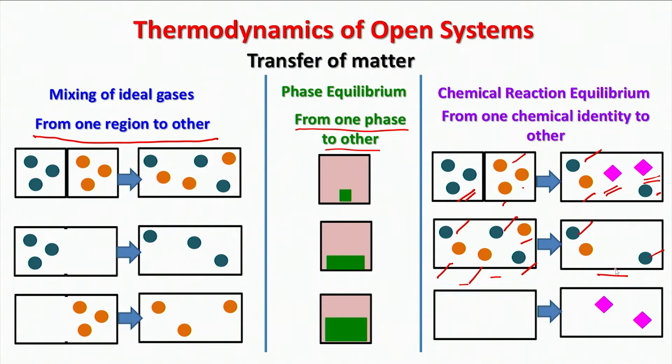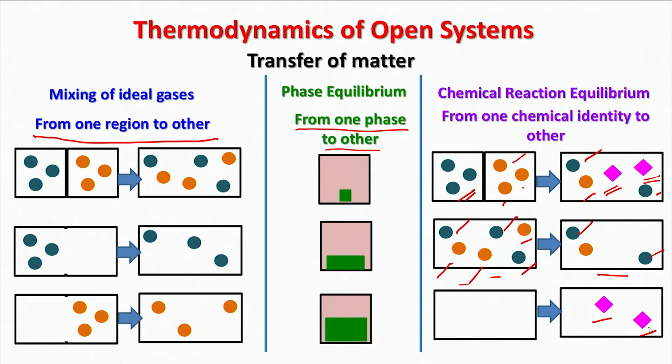And not only that, now I have a situation where initially the product, the pink squares, were not present in the initial mixture, and now I have these components appearing in the final mixture. And therefore, as far as each of the components are concerned, I understand that each of them is undergoing a change in its individual number as I pass from the initial state to the final equilibrium state.